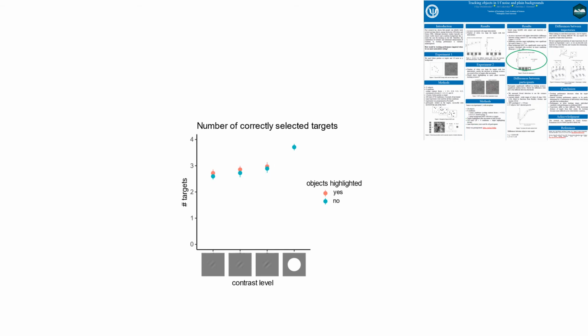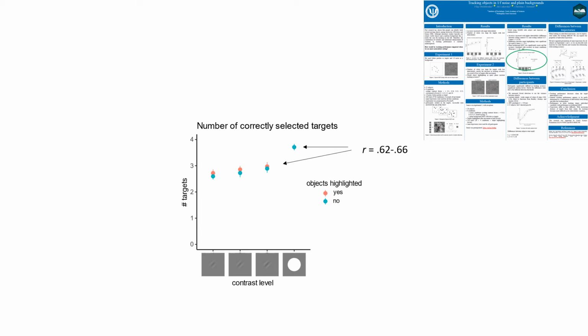As you can see in the results here, the accuracy in MOT was higher, almost 4, while in the noise tracking the accuracy was lower. The differences between conditions were significant, and also the differences between highlighting were significant as well, but it's important to say that the difference was small from the practical perspective.